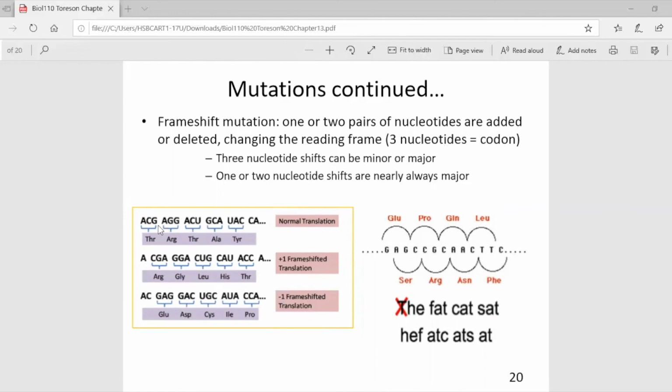We see that the normal nucleotide sequence has a particular reading frame that groups A, C, G together, indicating the amino acid threonine, and then A, G, G together, which is the codon for arginine, etc. But a frameshift mutation shifts the reading frame such that the nucleotides are grouped together differently.